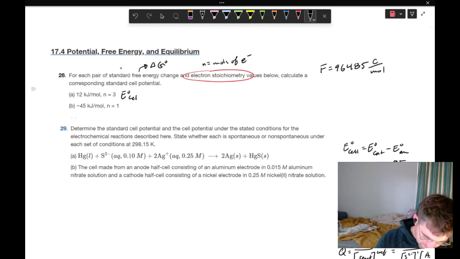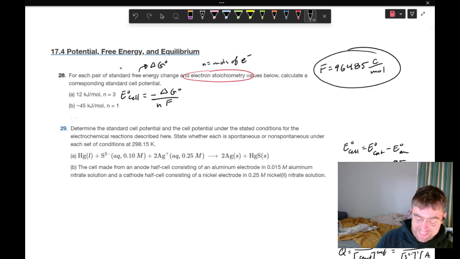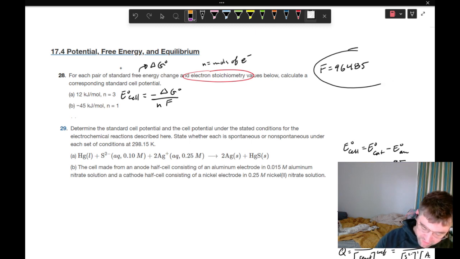E naught cell equals negative standard Gibbs free energy of the reaction over the number of electrons times Faraday's constant, which is 96,485 coulombs per mole. You don't need to worry about units on that, but just good to know.